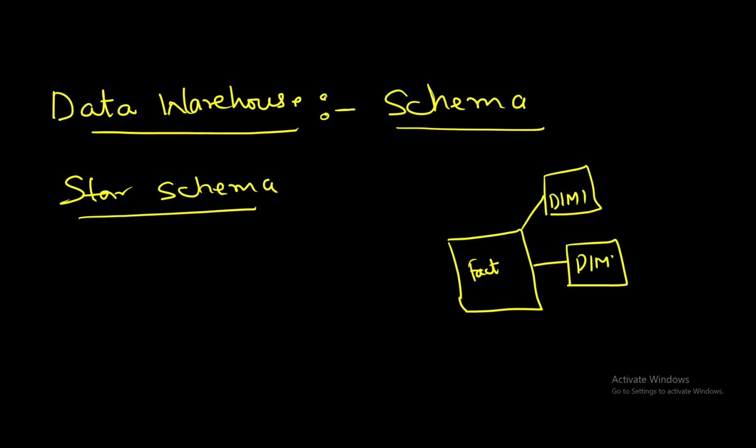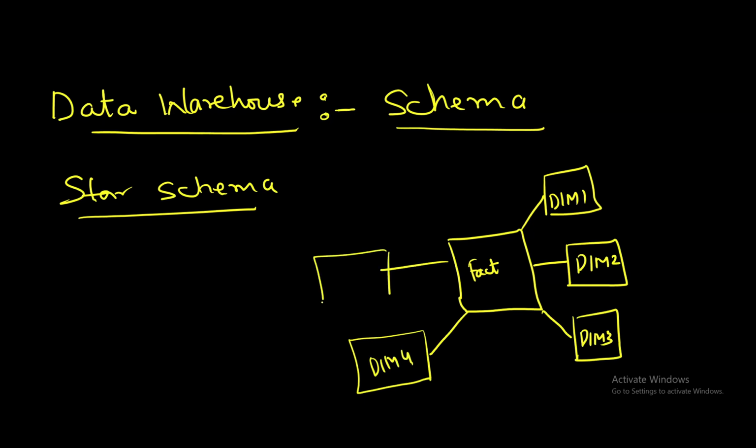This is my dim1, this is my dim2, this is my dimension table 3, this is dimension table 4, and this is dim5. So all these tables are connected with the fact table, right?